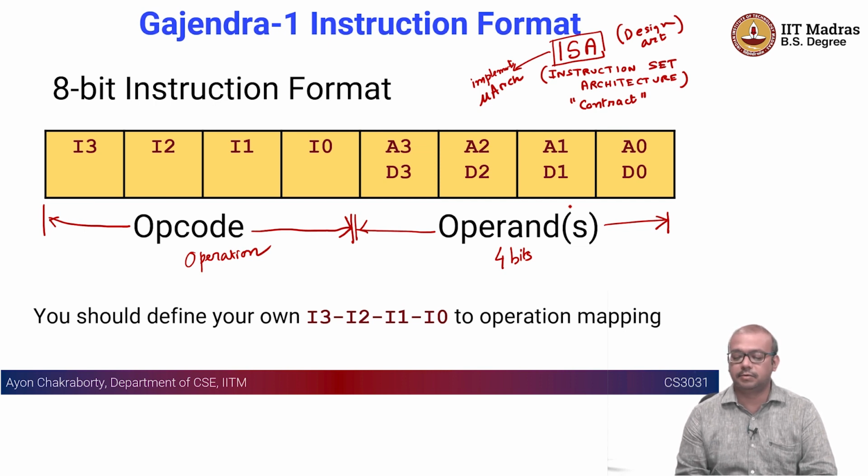So this is an immediate data that I want my operation to use. The last 4 bits in our Gajendra-1 instruction could either be used for specifying a 4-bit address or specifying a 4-bit immediate data. We are going to restrict ourselves to this, and I'm going to show you some real world examples.